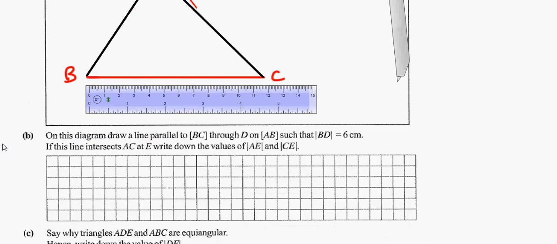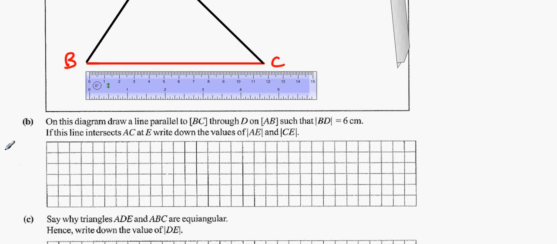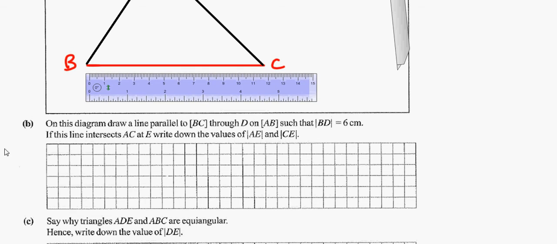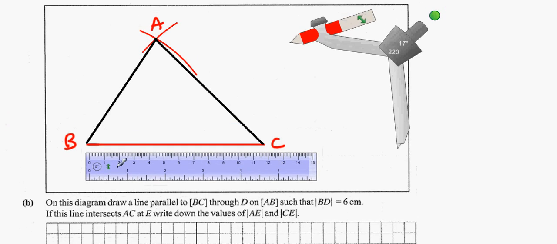On this diagram, draw a line parallel to BC through D on AB such that BD is 6 centimeters. So what it wants me to do is draw a line parallel to BC.